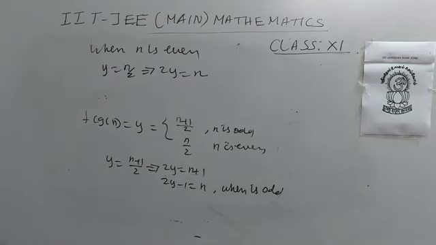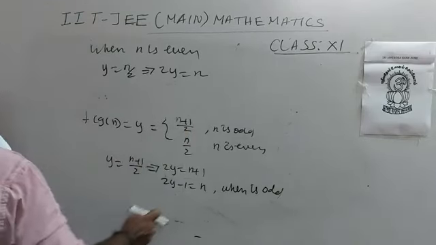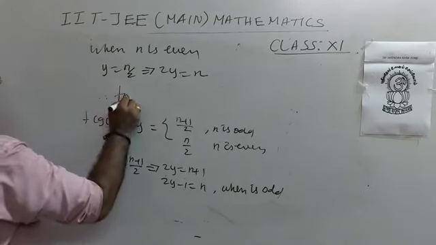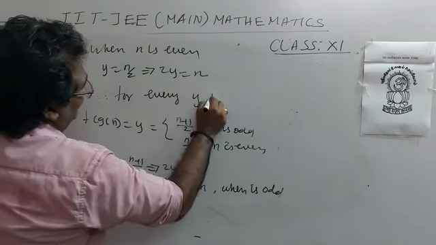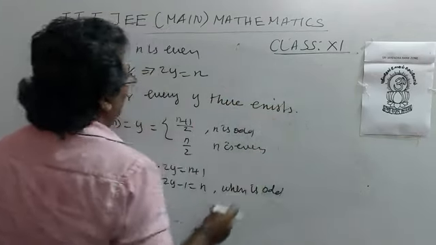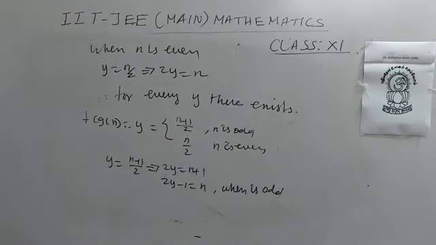That means for every y, whether y is even or odd, there is an n. Therefore for every y, y means the image, there exists a pre-image.